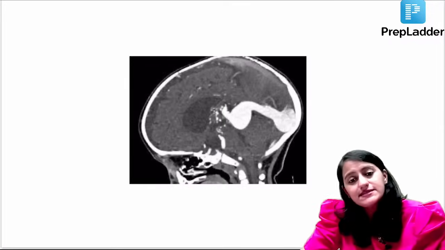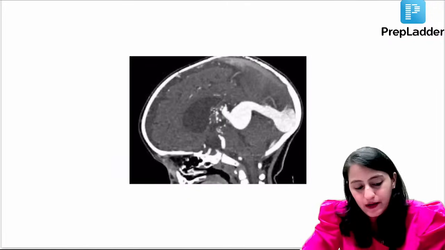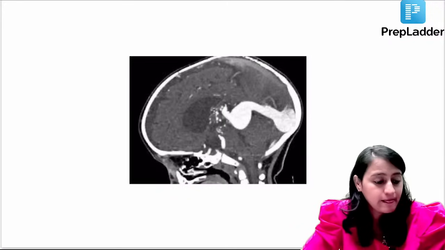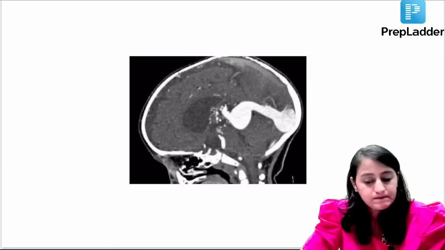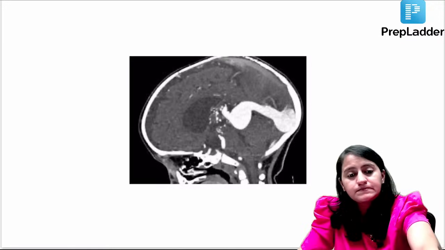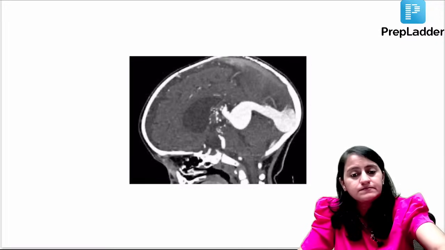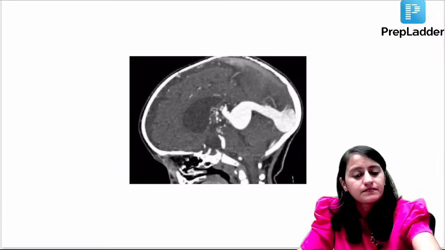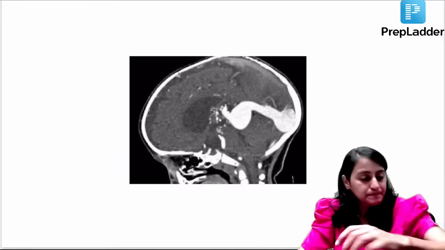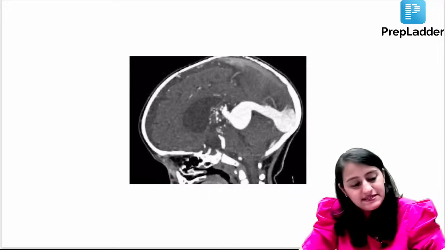Okay, what is this one here? What do you think this image is showing? Anyone, what is this image showing here?